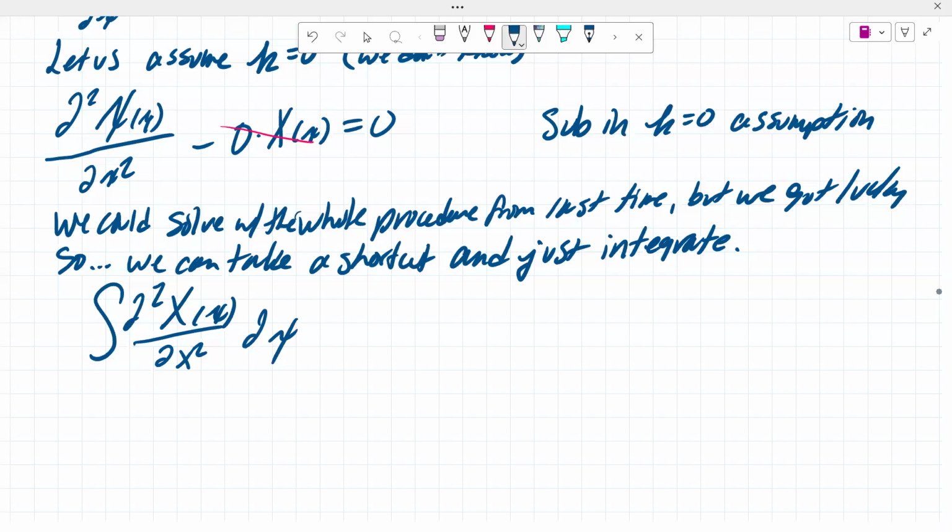Note the integral and derivative are inverse operations.